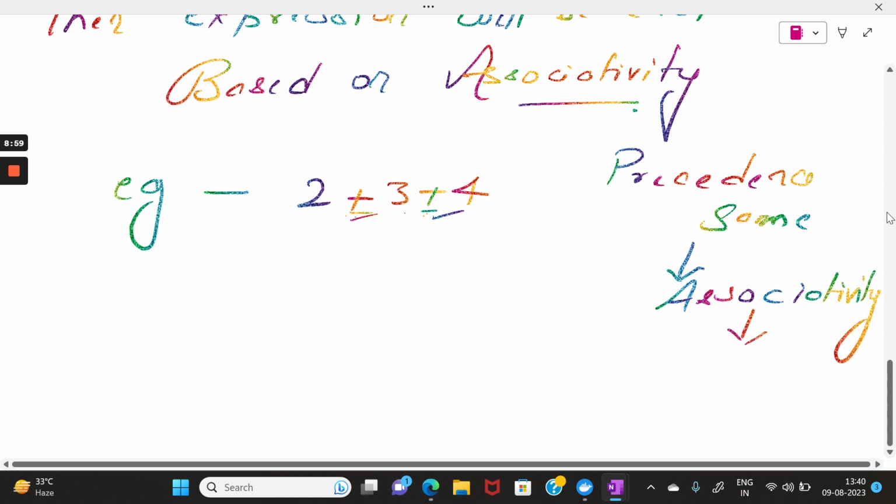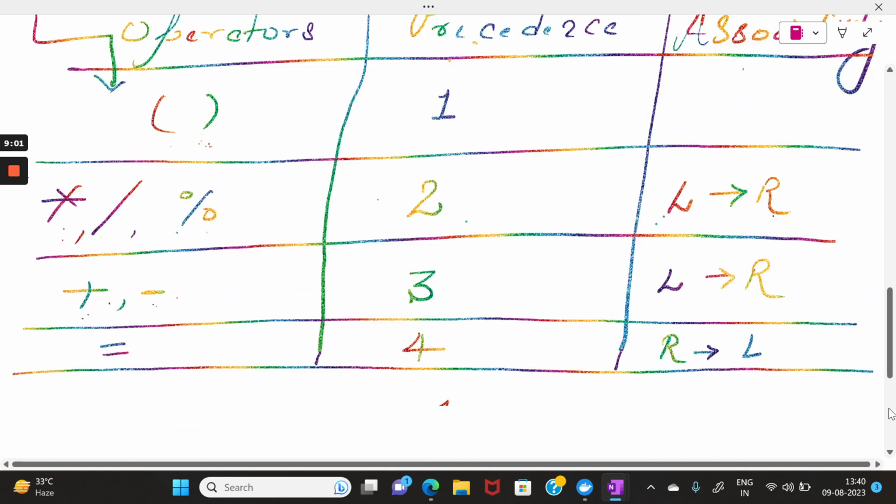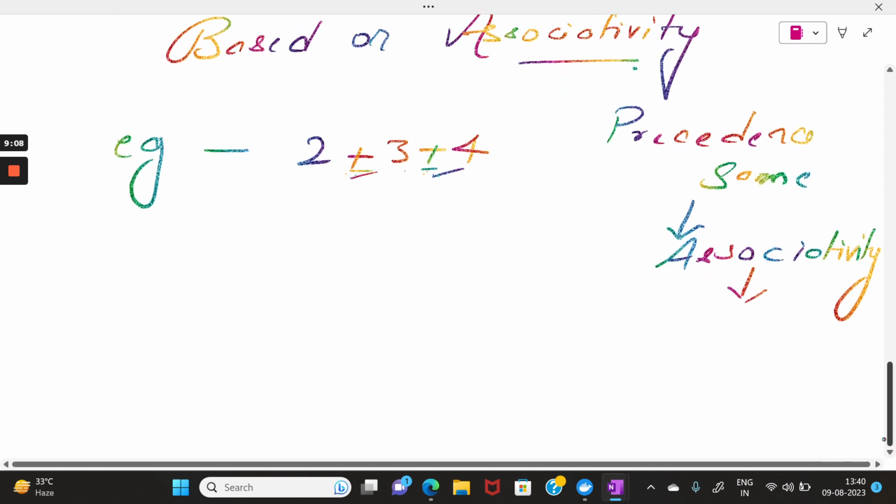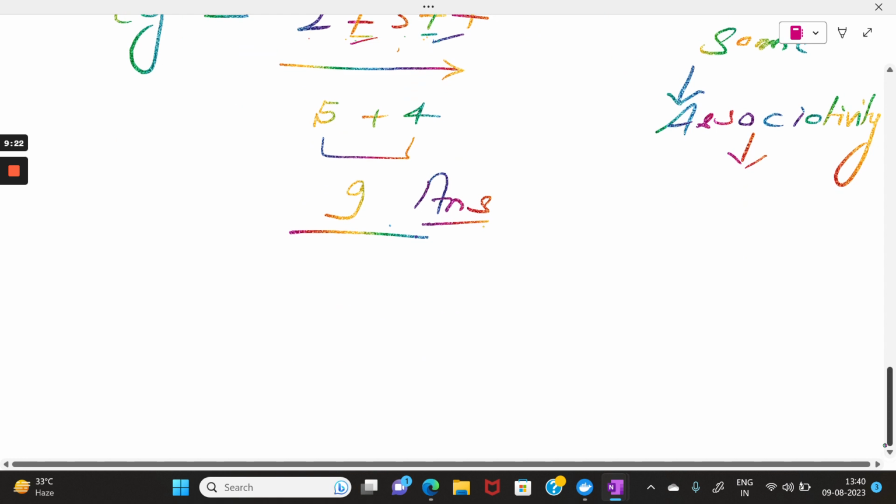For plus, the associativity is from left to right. So let's start from left to right. First we do 2 plus 3, which is 5, plus 4, and then it is 9. Of course, doing it the other way will also give the same result, but it would differ if this is not plus but minus.